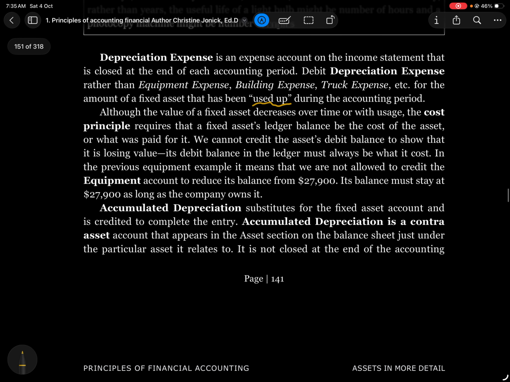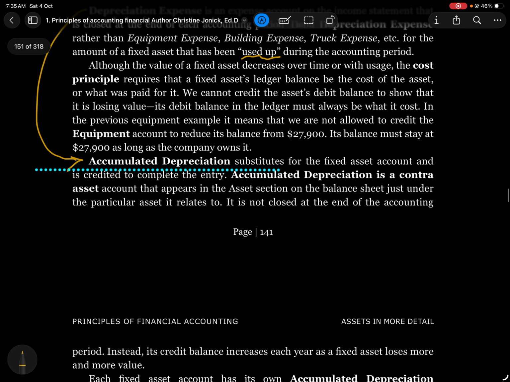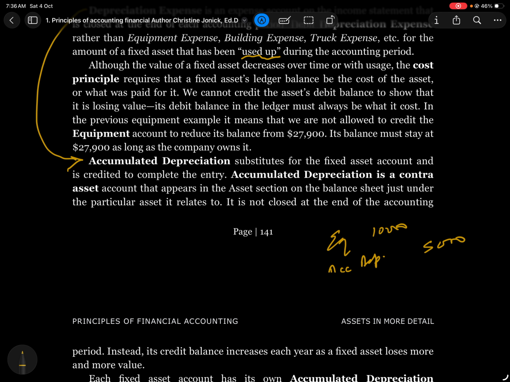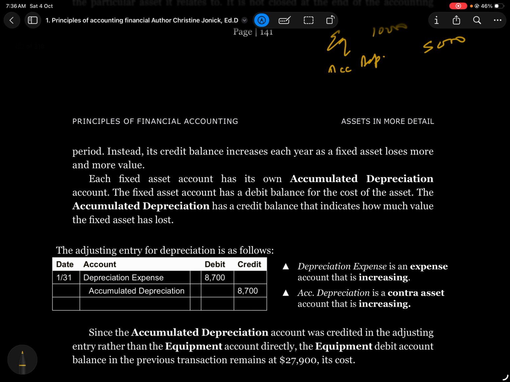Okay, so normally we record depreciation expense and we keep it in accumulated depreciation, which is just a contra account of asset, okay. So your equipment will be 10,000, and at year 5 when you look at the balance sheet, your accumulated depreciation would be 5,000 like this, okay.